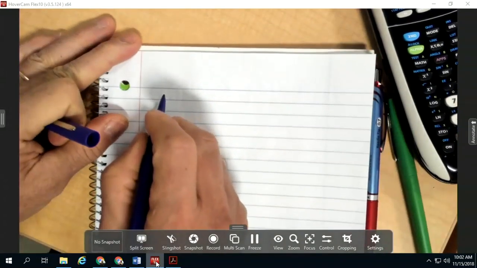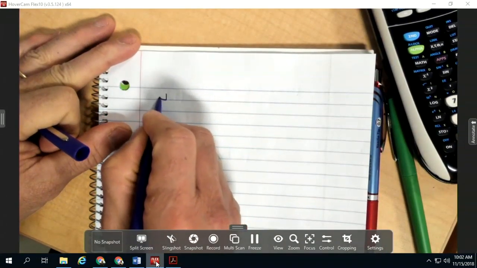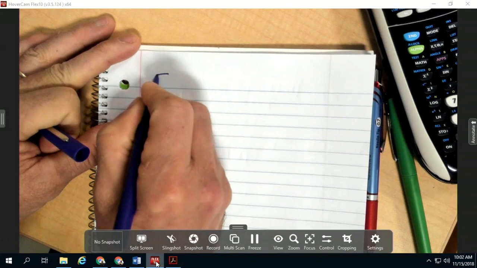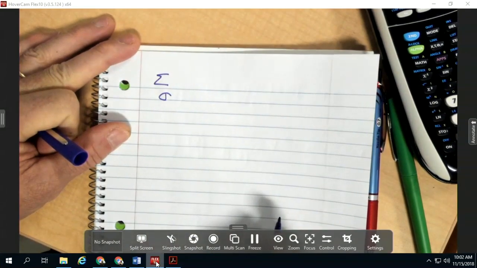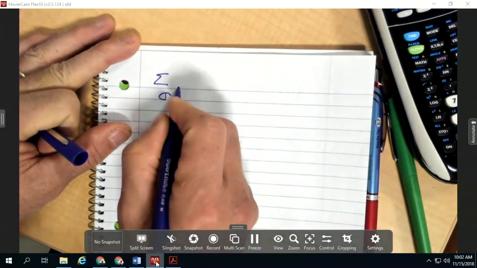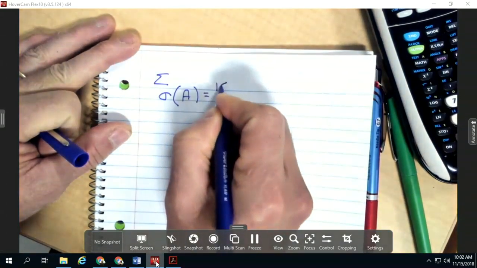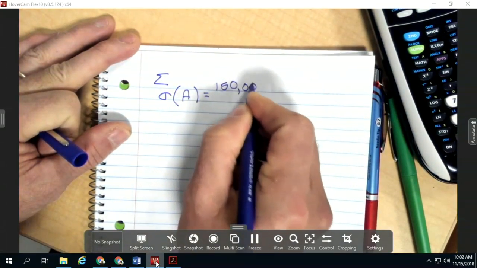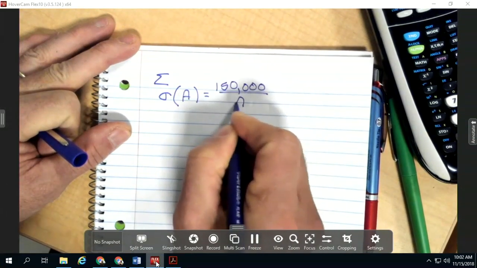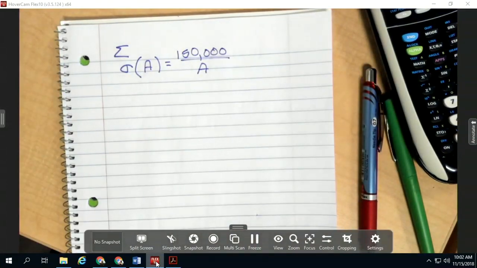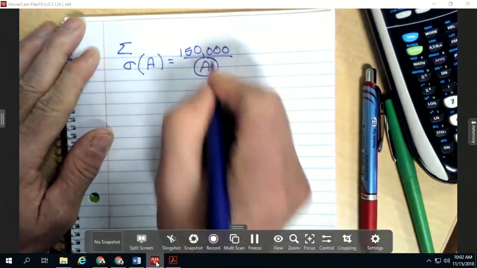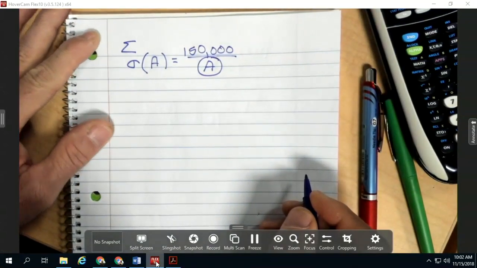Here's how you make that Greek letter sigma. It's lowercase sigma, by the way. Uppercase sigma looks like that. Stress as a function of area is 150,000 divided by the area. Now, it said this is a power function. Well, I don't see any special power here, do you?